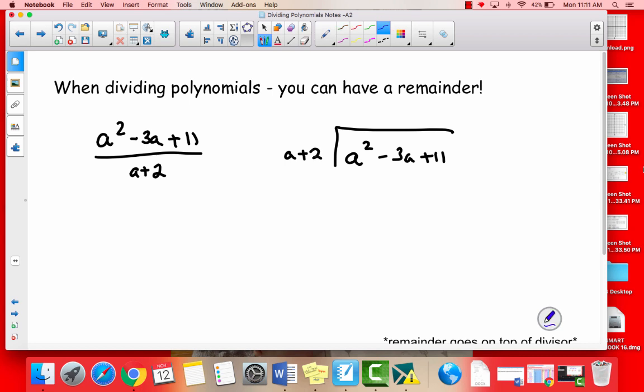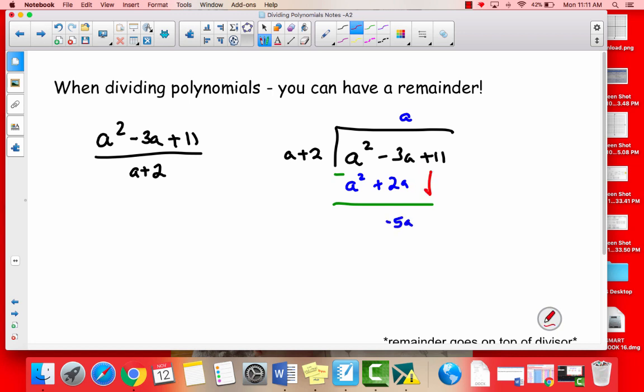So like we started before, I want a times a value to get me a squared. Well, a times a is a squared, and 2 times a is positive 2a. Remember, we're always subtracting, so when I subtract, I'm going to have my a squareds cancel, and negative 3a minus 2a is negative 5a.